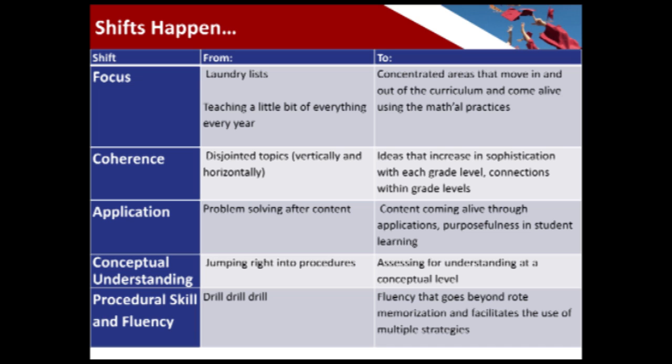As we've done in the past, I want to talk a little bit about this shift piece today in light of what we're going to talk about in the content. And this idea of focus really comes into play in probability and statistics, because with the Common Core, what is different is that children do not have any probability before 6th grade.